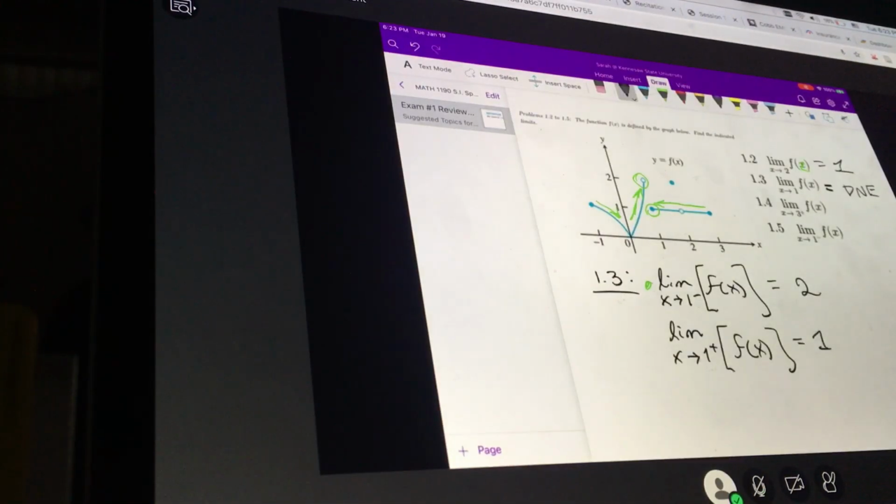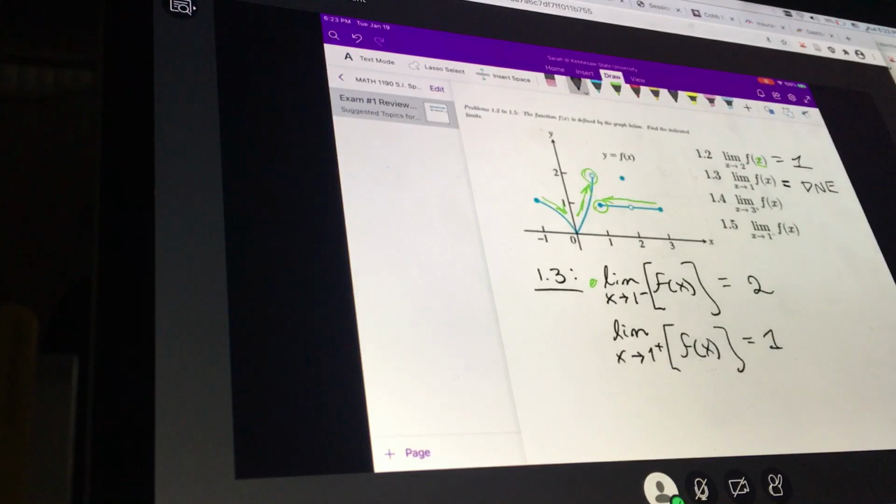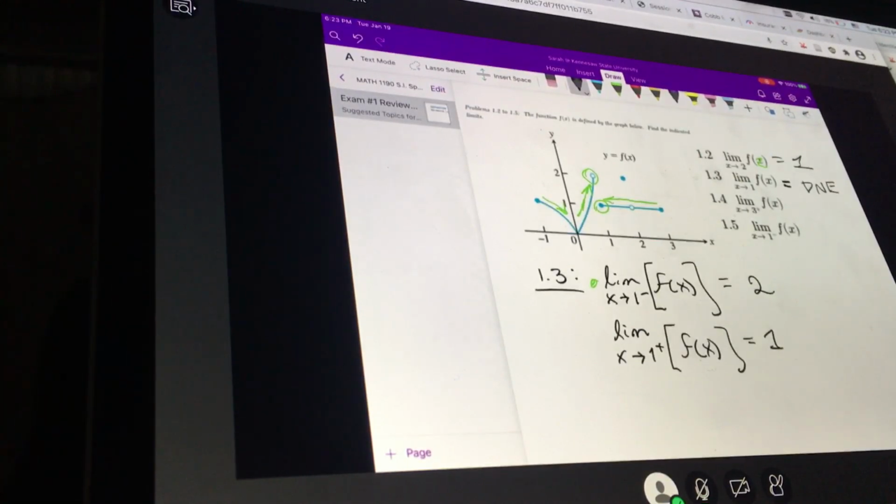Yes, Nyla? Okay, so just for my own clarification, any time there are one-sided limits where one point on the graph is undefined, like if it's an open circle and a closed circle, it does not exist regardless.